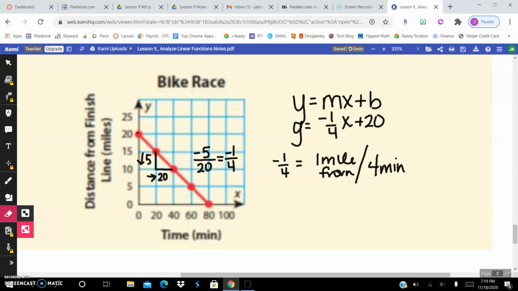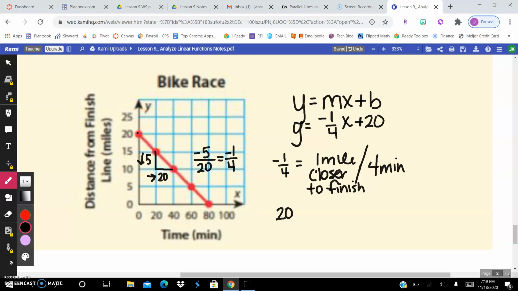I shouldn't say going because that doesn't make sense. So I'm 1 mile closer to the finish is what I really should say, every 4 minutes.